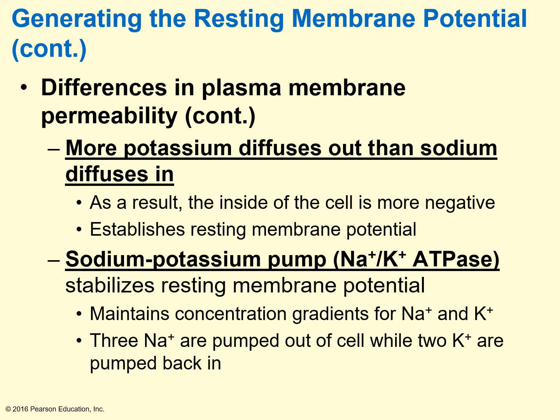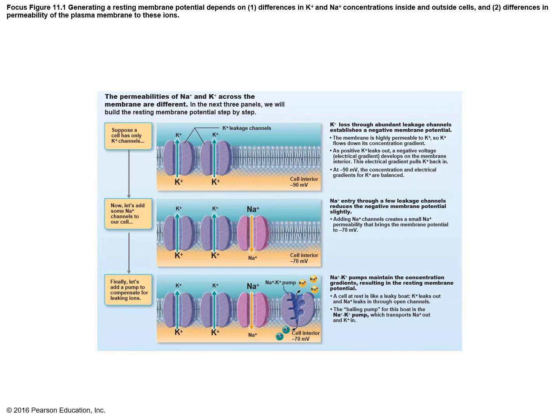So the potassium's leaking out and you're going to pump it back in, but you're only bringing in 2. Notice you're taking 3 sodiums out but only 2 potassiums in. Once again, that helps to maintain that resting membrane potential, which in essence means you're helping to maintain the negative charge inside the cell.